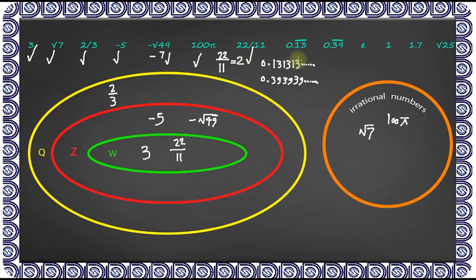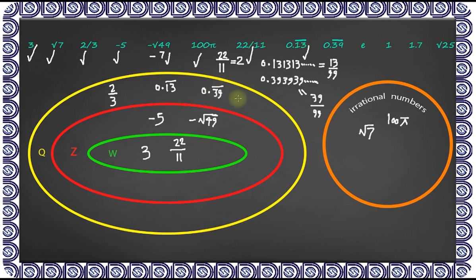The next one is 0.1313, where 13 under bar notation repeats forever. And it equals 13 over 99, which is a rational number. And the next one is 0.39, which equals 39 over 99, which is also a rational number.